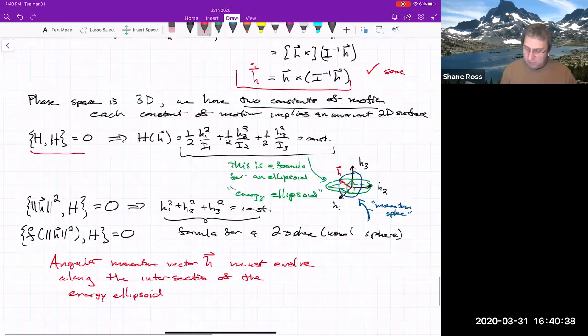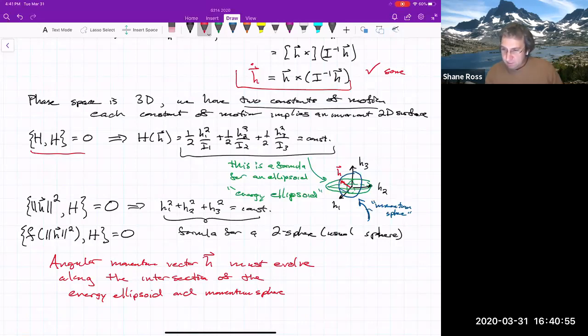Your initial conditions for h will specify what the energy ellipsoid is and the momentum sphere. And if you just think of where they are going to intersect, a sphere and an ellipsoid intersect in curves, two closed curves.